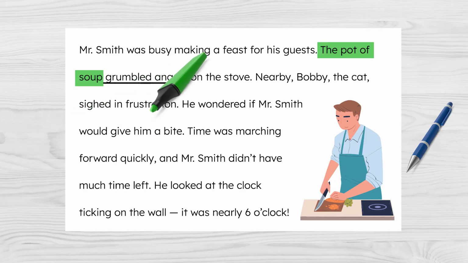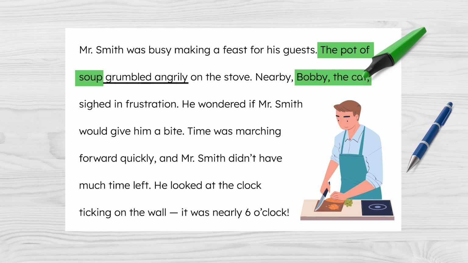What kind of sound do you picture when you read grumbled angrily? A soft, gentle noise or a loud, bubbling one? The author used personification to help us imagine a bubbling pot making a lot of noise as it heats up. Let's go back to the text. Here's an animal, Bobby the cat.